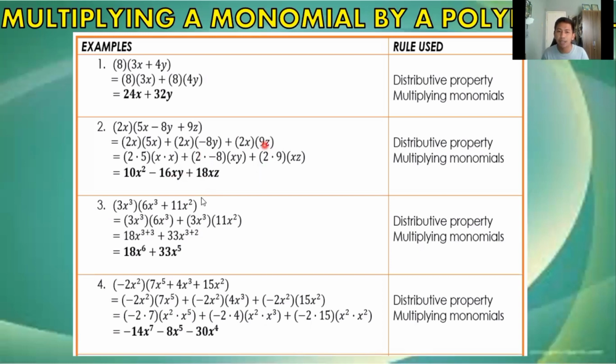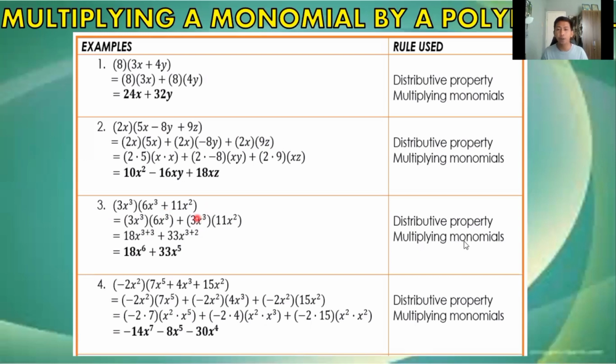Then x times z, that will give you xz. Okay, so the product, when you multiply 2x by 5x minus 8y plus 9z, is equal to 10x squared minus 16xy plus 18xz.